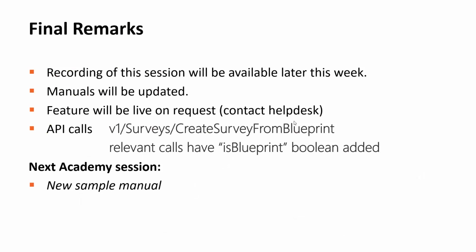And all relevant calls have an is blueprint Boolean added. For instance, if you call for details on a survey, there will be an is blueprint Boolean, and if that is true, that survey is a blueprint. If you create a survey and you set the is blueprint Boolean to true, that will create a blueprint.